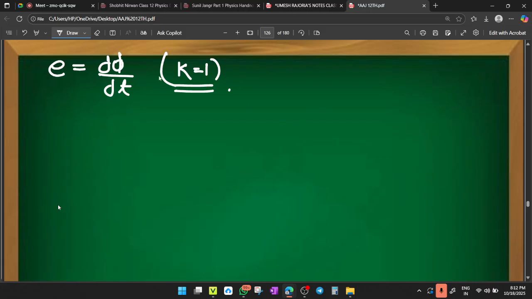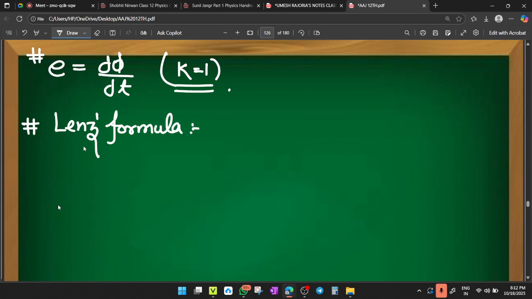But after some more experiments by the physicist Lenz, Lenz gave some corrections in the formula. Lenz also performed some experiments and gave a new formula along with the direction of induced EMF. So what did Lenz do? He said that previously E is equal to K d phi by dt, right or wrong?